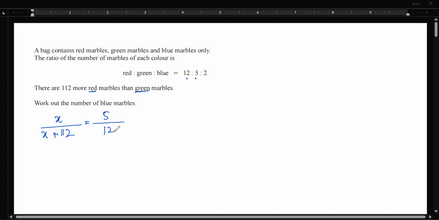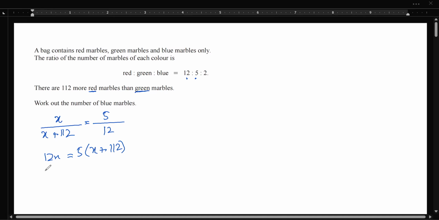I need the value of x, that's 5. And let's cross multiply each other. So it's going to be 12x and 5 times (x + 112). Let's open the brackets.